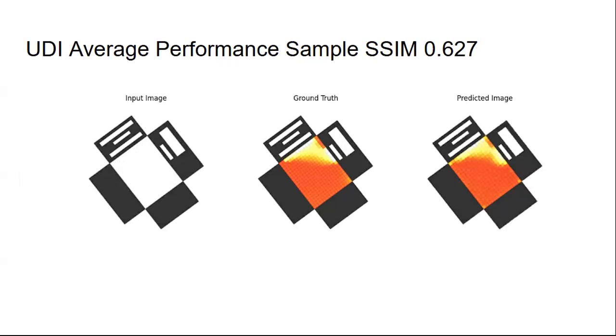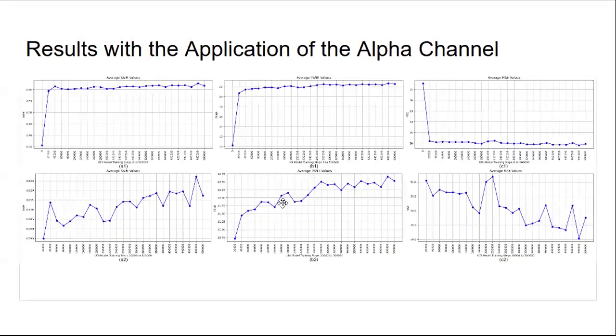To better visualize the accuracy of the models, we have provided a few examples of our prediction results with an SSIM of 0.627, which represents the average performance of our model after 480,000 training steps. As I mentioned, in the UDI model, the best performance was recorded at 480,000 steps, and in that particular model, the SSIM result was 0.627.